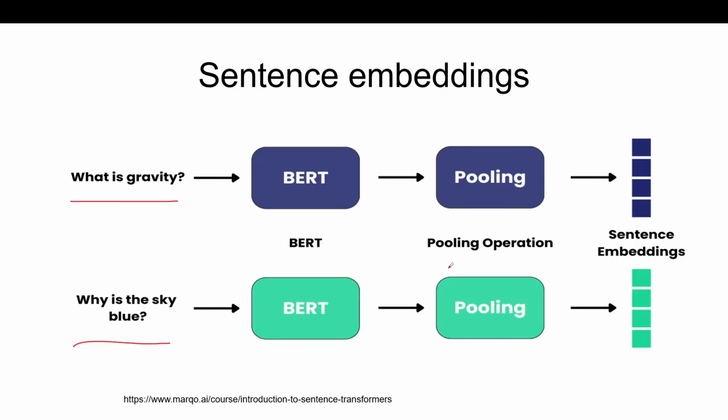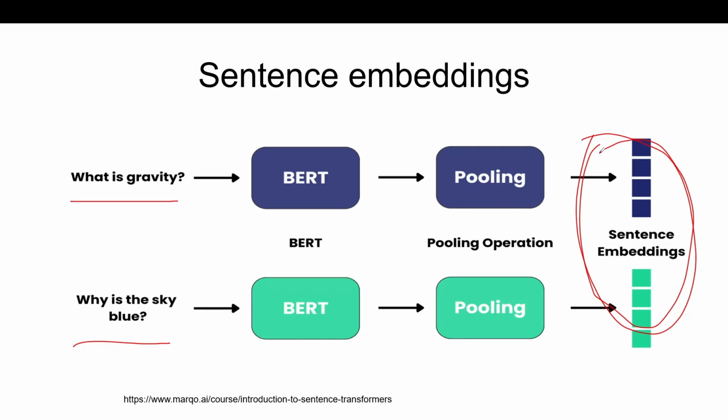After that, we do pooling operations and get sentence embeddings. These sentence embeddings are used to predict whether the sentences have the same meaning. If they do, we require their embeddings to be close and similar to each other.